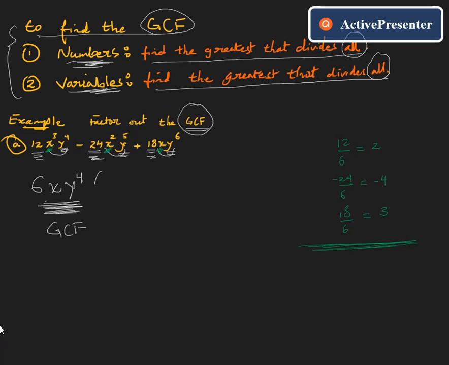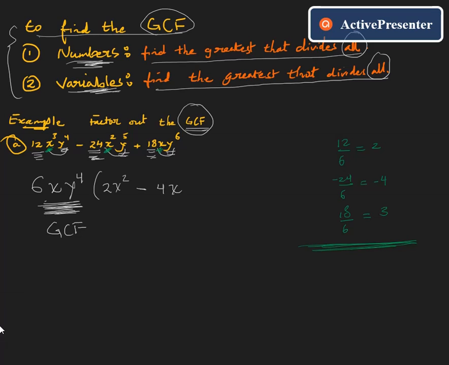This is multiplied into, now when you factor, you should divide them. This should be left with 2x squared, and y to the power 4 divided by y to the power 4 is eliminated, minus 4x, because x squared divided by x is x.